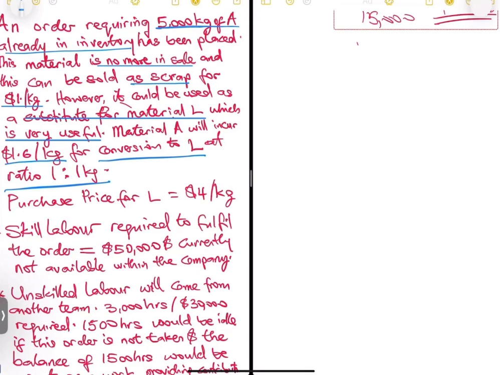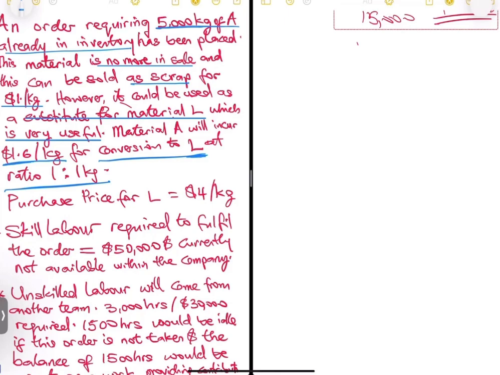What does that mean? That is telling you that for you to use this material A to make material L that is useful, you need to process it. You can't just take it and say this is material L. To convert that material A to material L, there's some work that needs to be done. And that work will cost you $1.6 per kg.